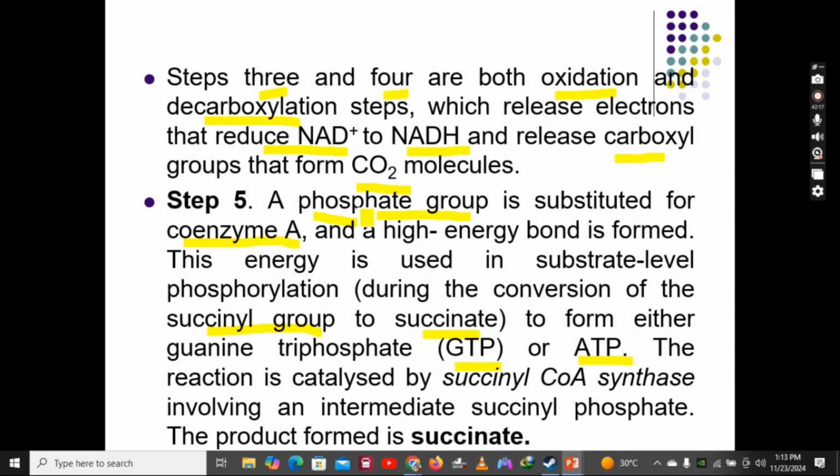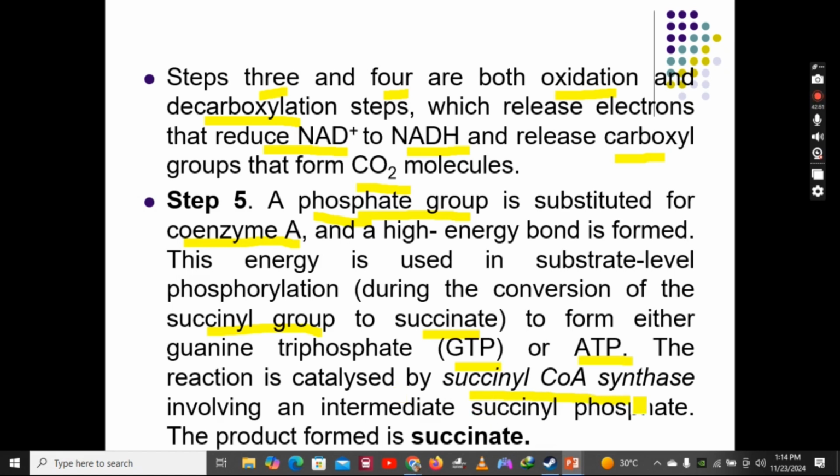These are the two things that will be produced, GTP or ATP. Let's not get confused about where the GTP or the ATP is coming from, because we have the phosphate group already here, and what will be produced is either GTP or ATP. The reaction is catalyzed by succinyl CoA synthase.